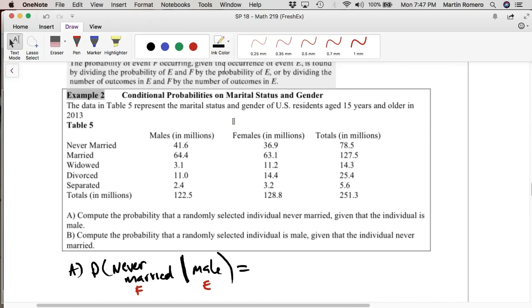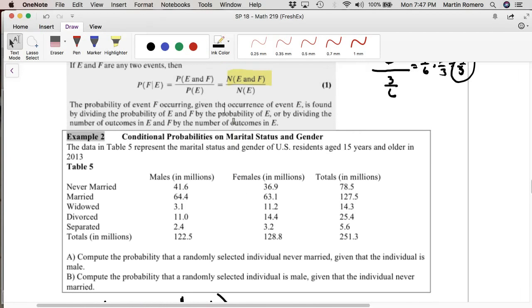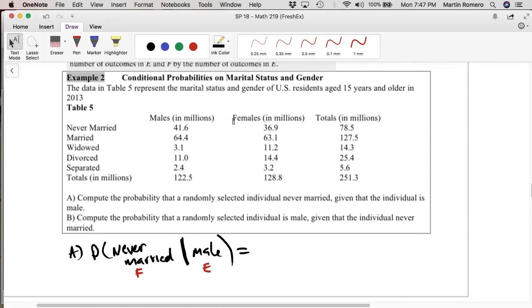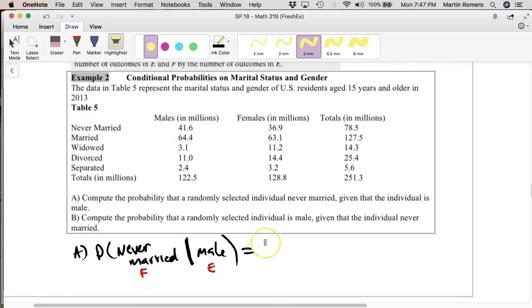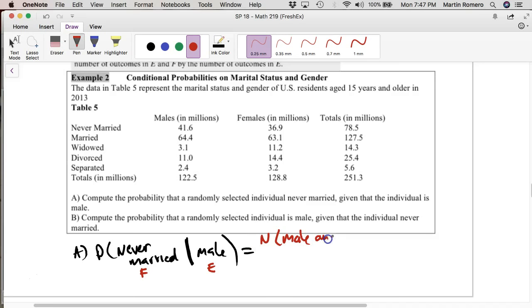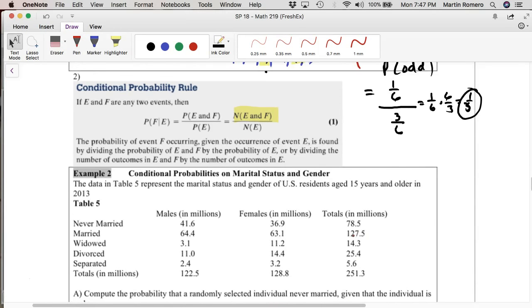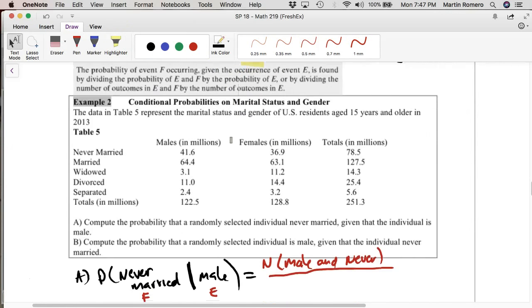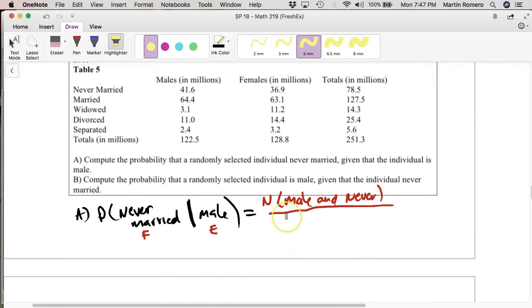So we're looking for how many are male and never married. And so in this case, what we're looking for is the number that are male and never married, divided by the number, the E situation is male, the number that are male.